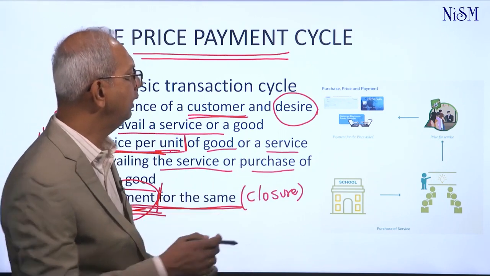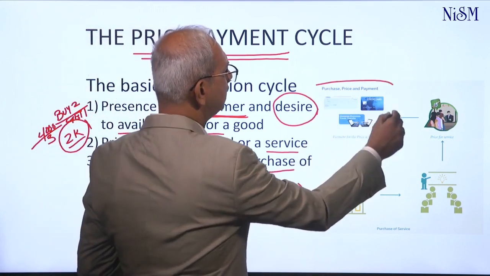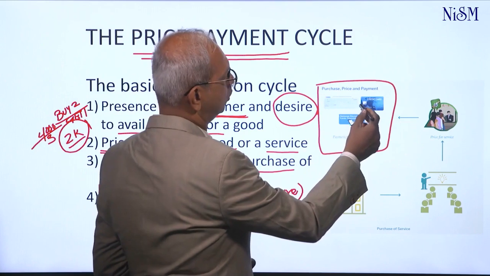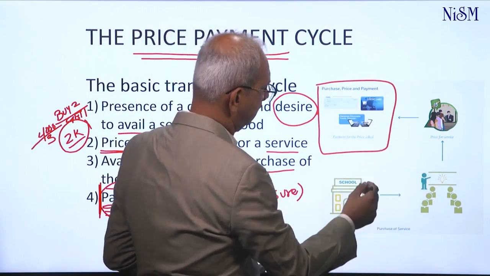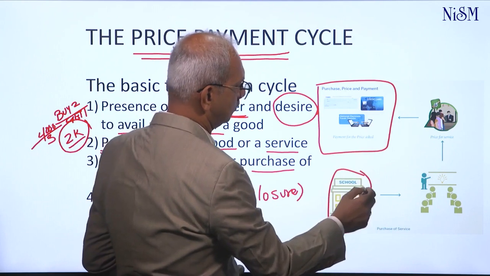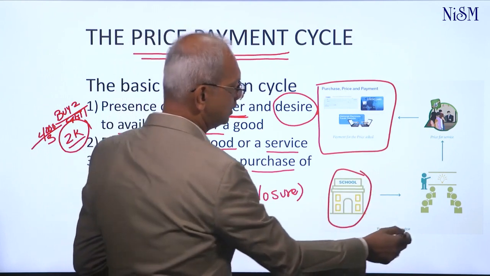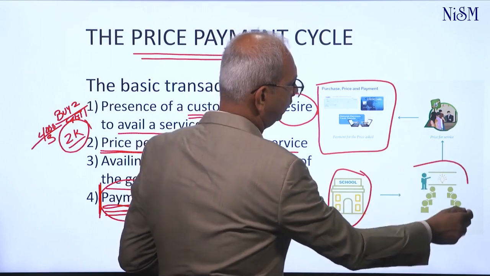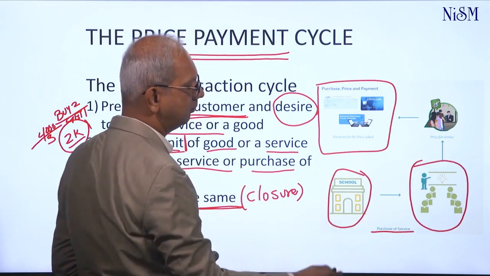So pictorially, again, the price payment cycle talks about purchases of goods and or a service, right? In terms of a service, payment for a service, it starts with a school, okay, where you need the admission, for example, right?